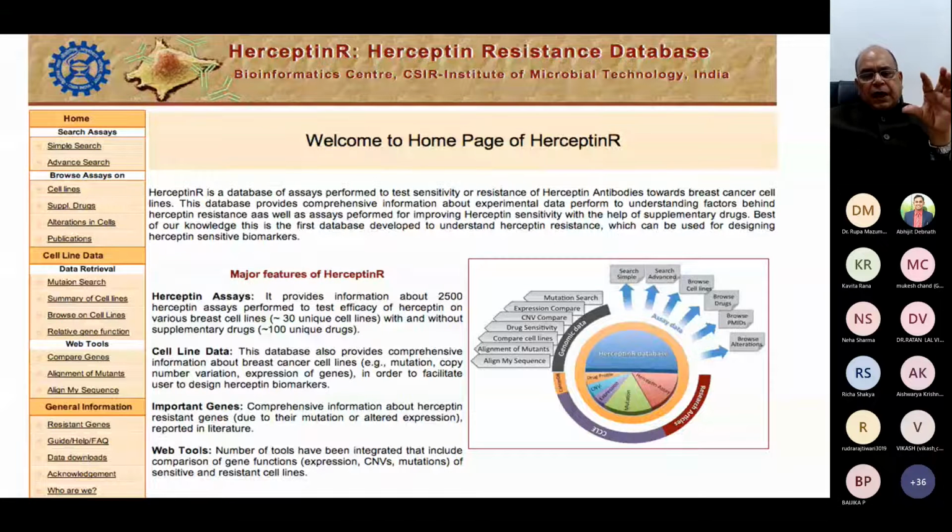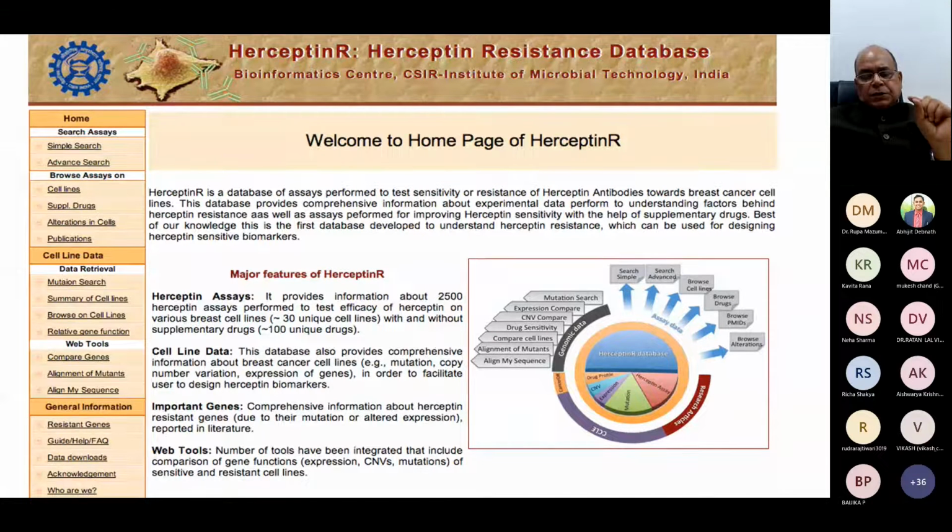And even after that, there is no guarantee that it will work or not. So the question is how to help the community understand this. So what we did, we collected all the information about the patients where it works and the patients where it doesn't work, as well as their genomic profile. That complete information is provided in the database.